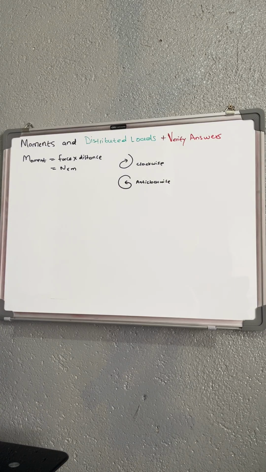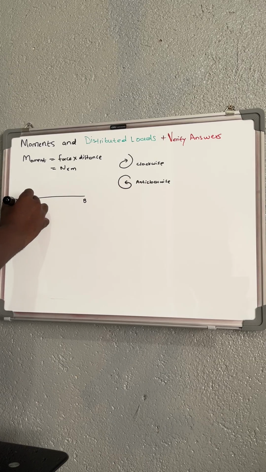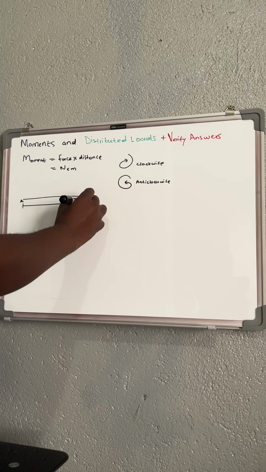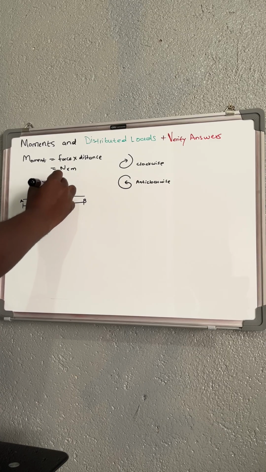So let's suppose we have a simple example that looks like this. You have your A this side, you have your B this side, and the distance from here to there is 4 meters. In between here, you have your 20 Newton.